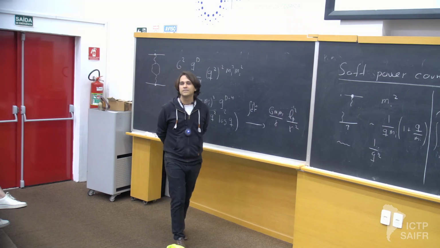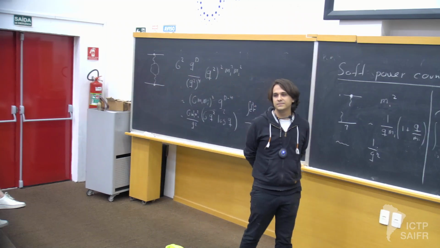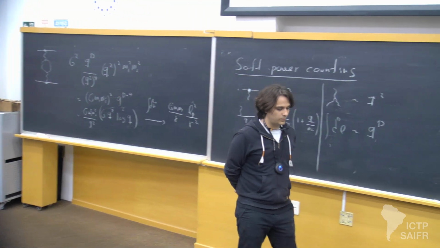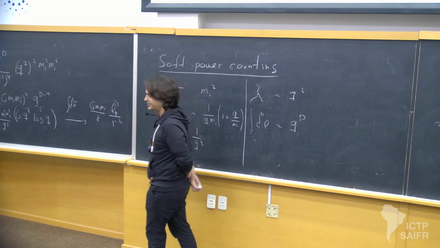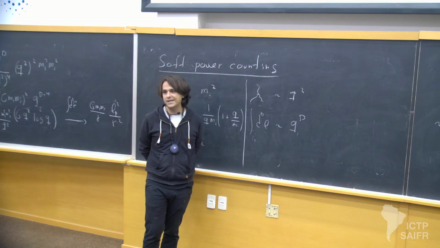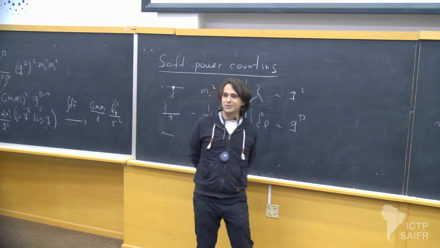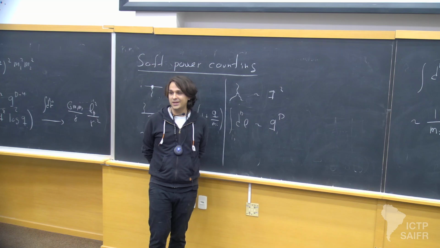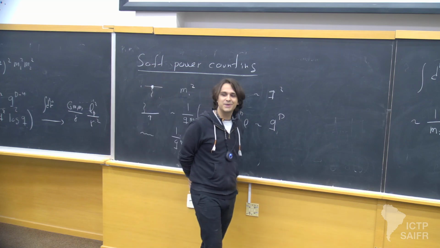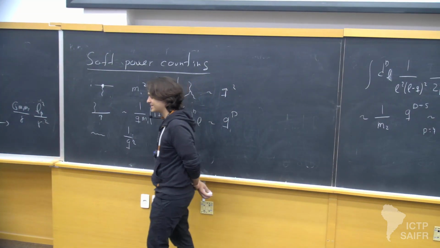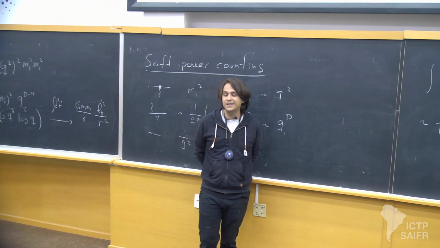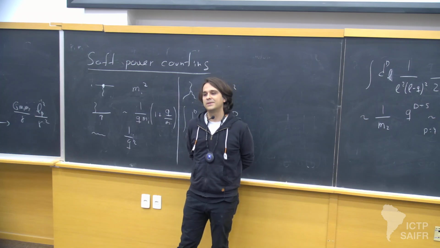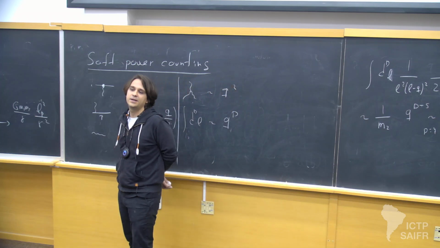More questions? Yes? When you exchange a lot of gravitons, can you do that as a classical coherent state? So when you emit gravitons, you form, at least to leading order, a coherent state. There's a discussion in the literature whether the state in actual gravity, because the theory is nonlinear, is coherent or not. So for instance, last week I put out a paper with some friends where we give some evidence that actually the state of the gravitational wave that we typically measure is not coherent because there's correlations having to do with the nonlinear nature of GR.